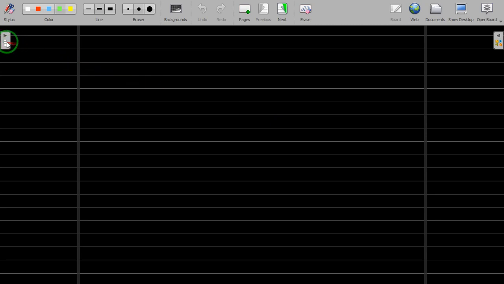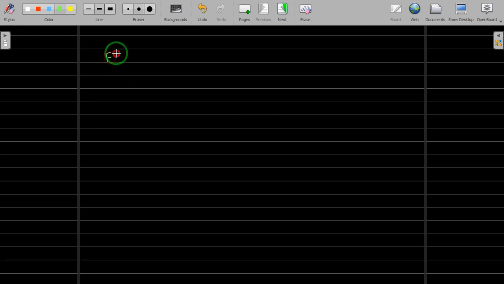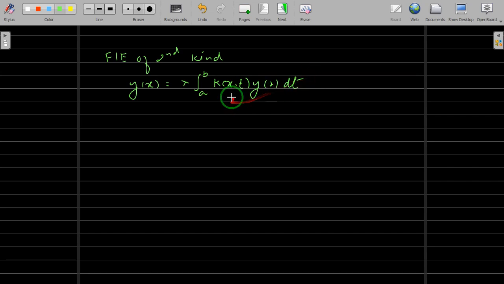We just write that: Fredholm integral equation of second kind, and that was nothing but y of x is equal to lambda integral a to b, since it was Fredholm, it was just constants a to b, a kernel k(x,t) y of t dt, and then we assume that we have a separable kernel.